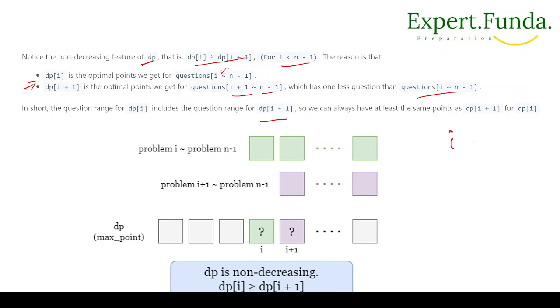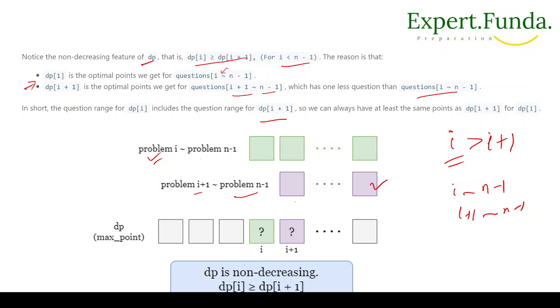If dp of i is greater than dp of i plus 1, in that case we have two things we can get from the optimal solutions. Either the range will be i to n minus 1, or the range will become i plus 1 to n minus 1. This is the possibility, right? So for all the problems from i to n minus 1, this will be the range. If we are talking about i plus 1 to n minus 1, this will be the range that we are talking about, right?